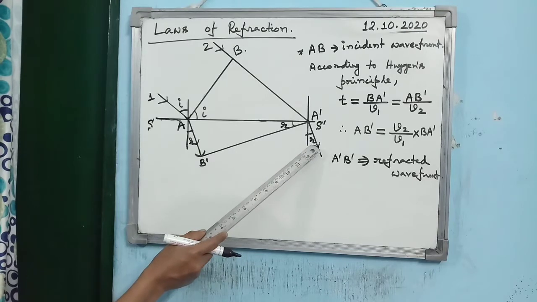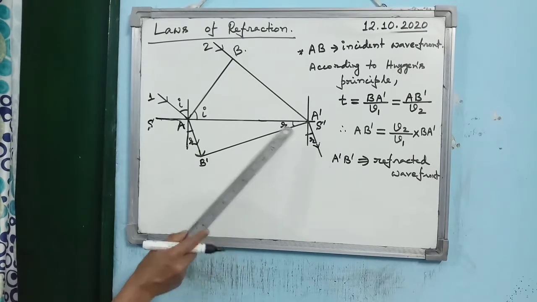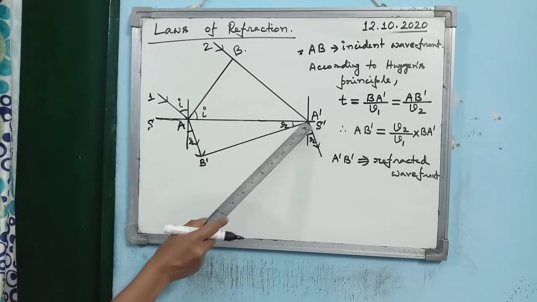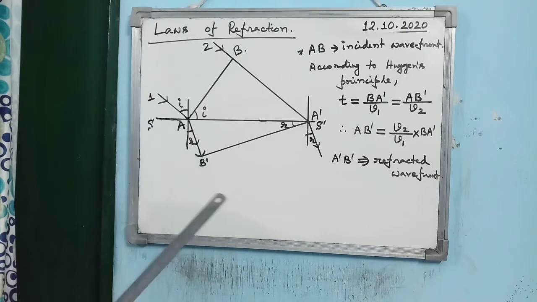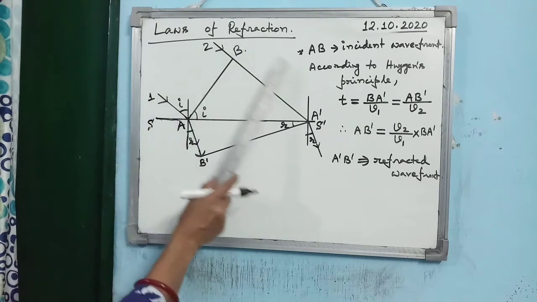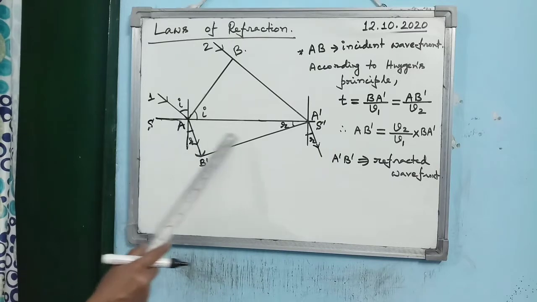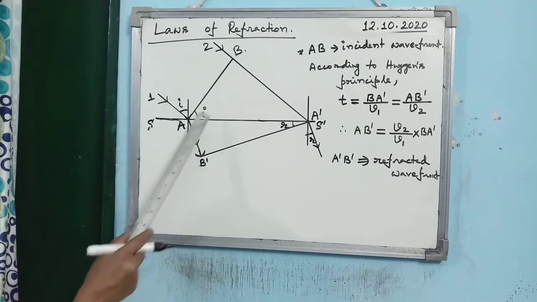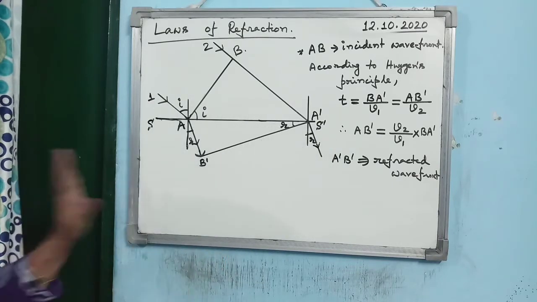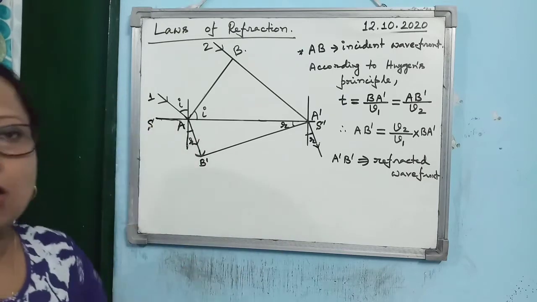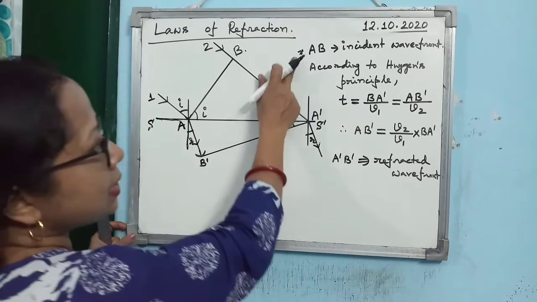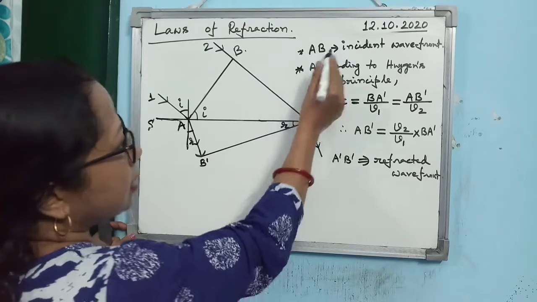This is the angle of refraction with respect to the ray. This is the angle of refraction with respect to the wavefront. That is most important. Whatever symbols I have used in the diagram should be there in your derivation, and these are the information the examiner wants.